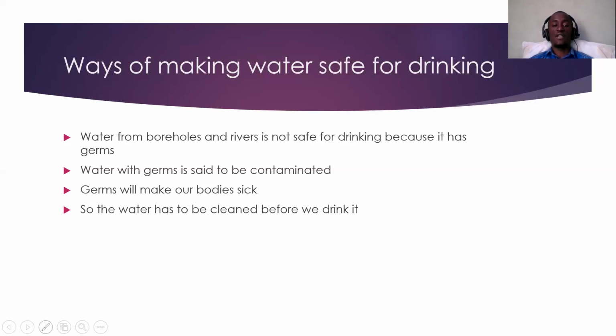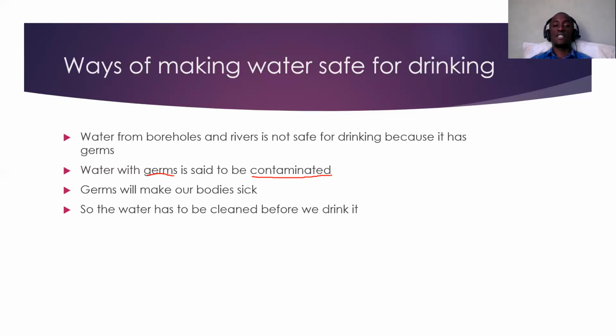So the water that we get from a borehole, how can we make it safe for drinking? Pupils, before we look at ways in which we can make water safe for drinking, we have to understand this. Water with germs is said to be contaminated. Water with germs is called contaminated water. And contaminated water is not safe for drinking.